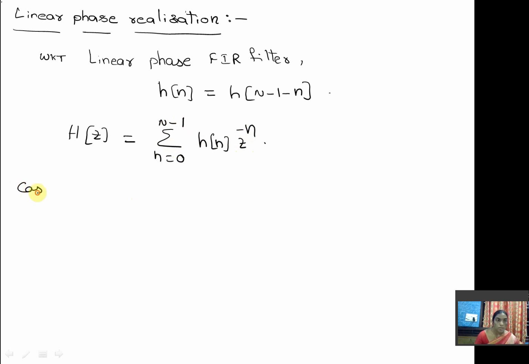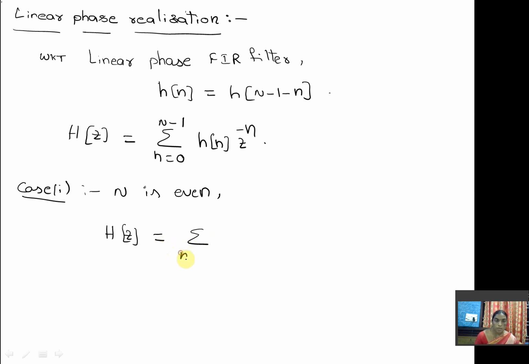Now case 1, N is even. So now H of z, if N is even, we decompose or split this summation into two terms.